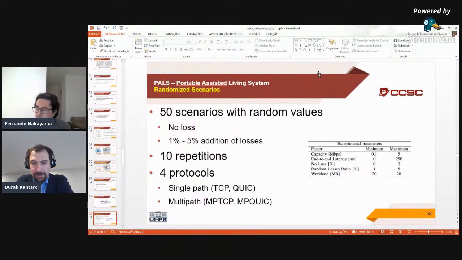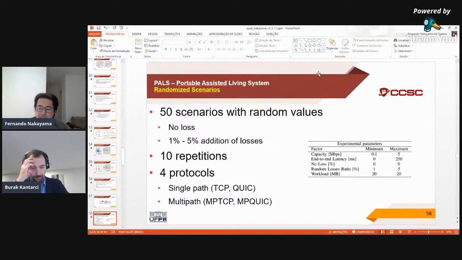Yes. So in the presentation, I don't have the reference, but I'm pretty sure I have it in the manuscript. These experimental parameters are extracted from an article, and they represent health-related scenarios and environments.